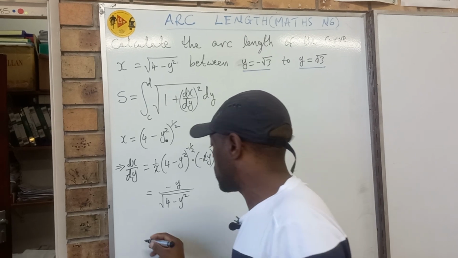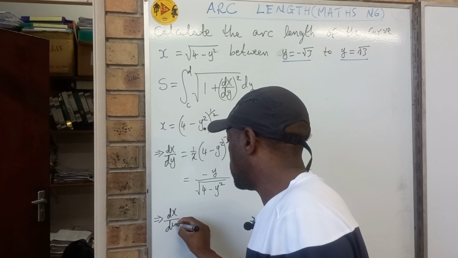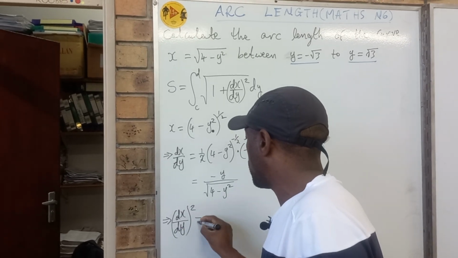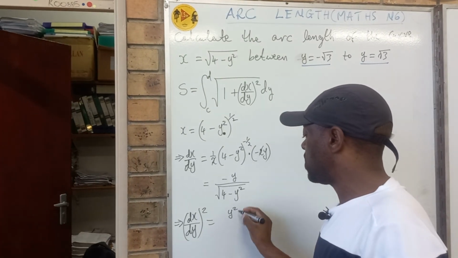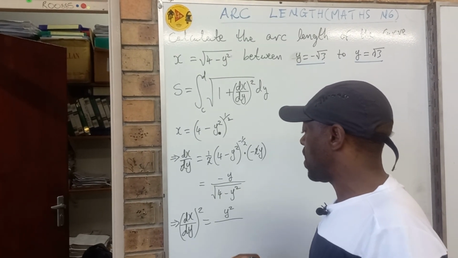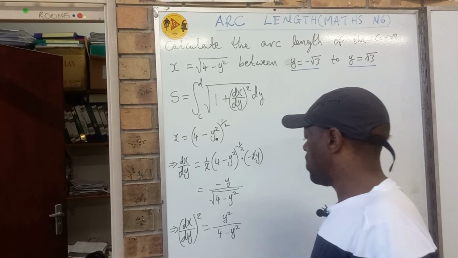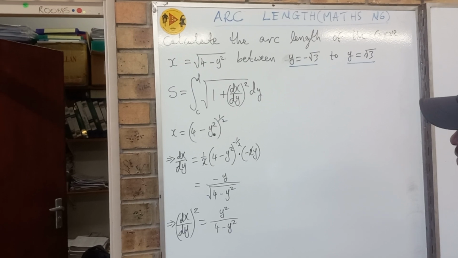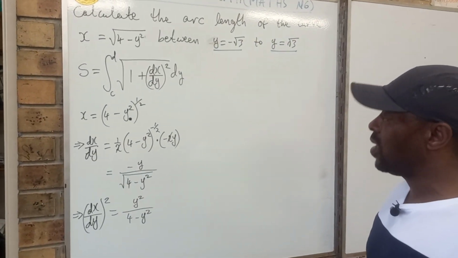Then we can do our squaring. If you square dx over dy, the negative becomes a positive, and squaring the square root makes it go away, so you are left with y squared over 4 minus y squared. That is how you get dx over dy, all squared.